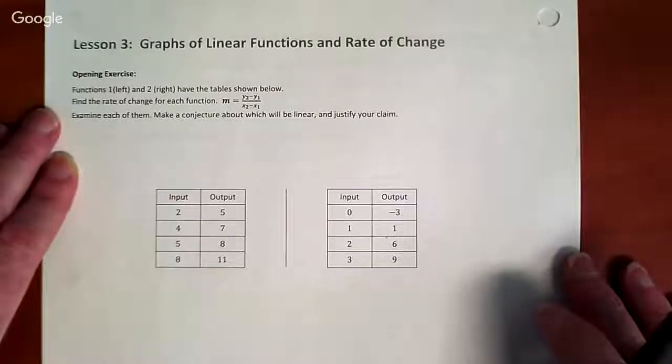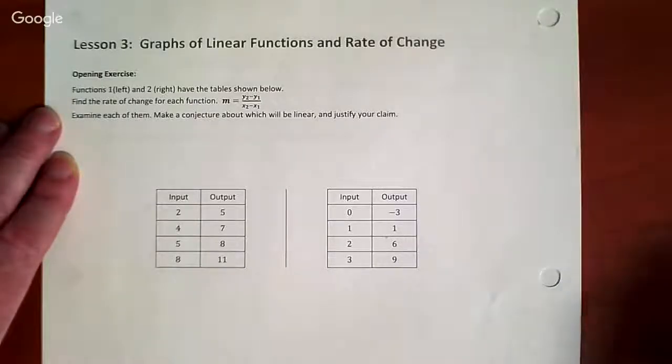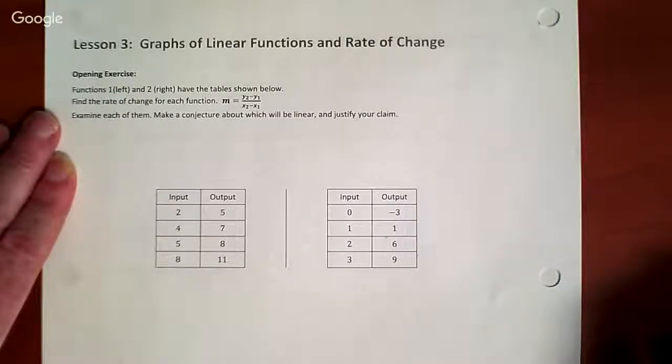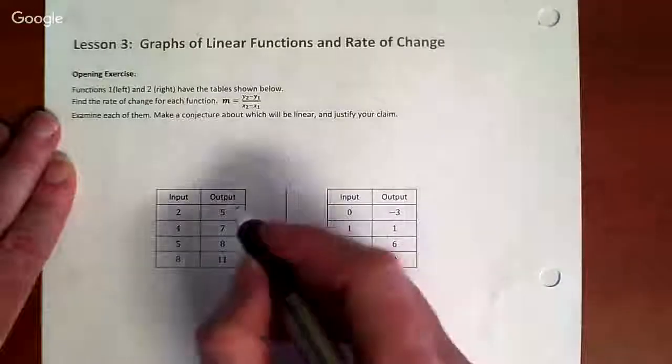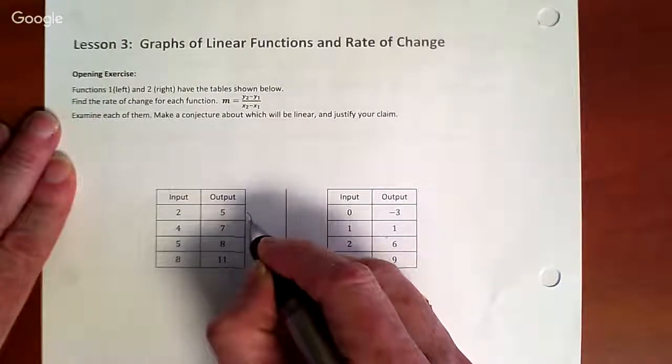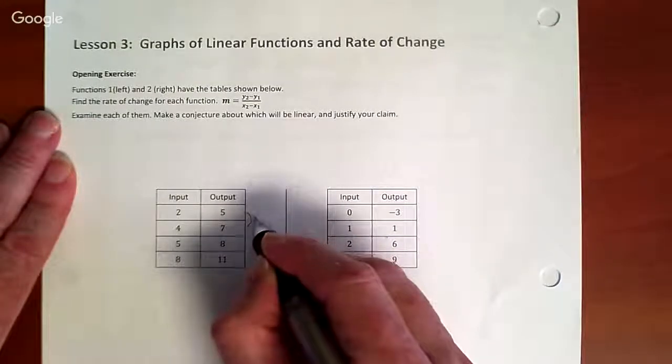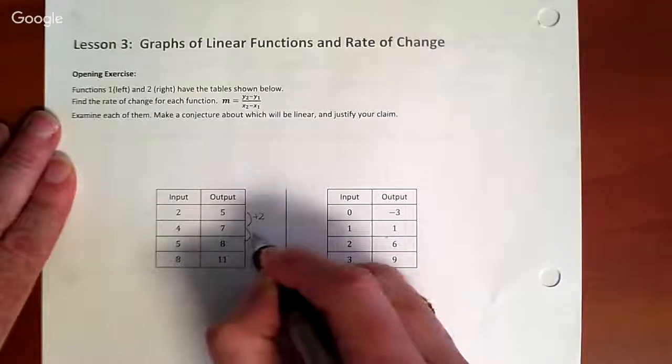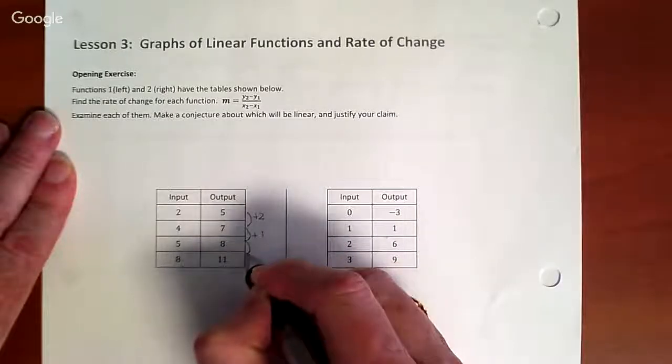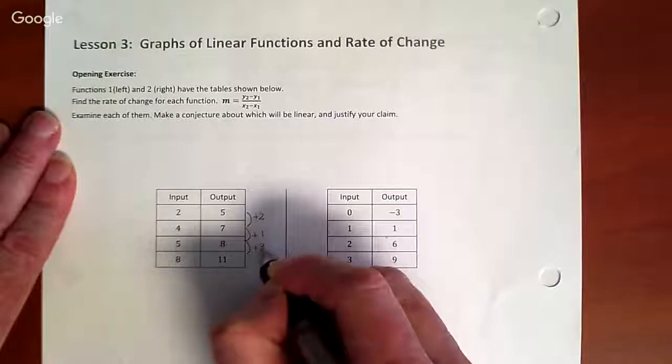So, in other words, first of all, the first one, rise over run. Okay. So for the first one, going down the table we have a +2, then a +1, and then a +3.